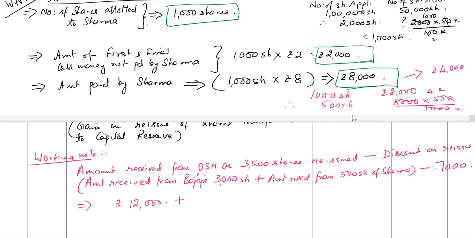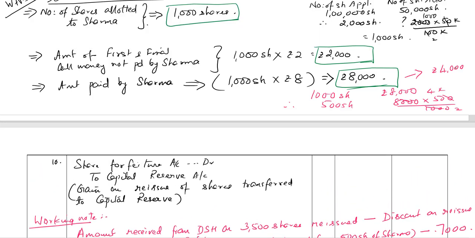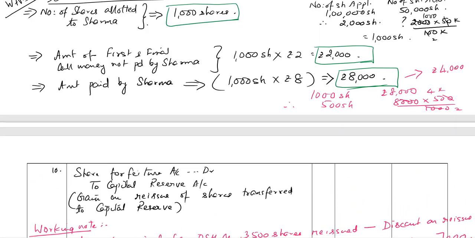So it's rupees 12,000 plus rupees 4,000 minus rupees 7,000. The final amount is rupees 9,000. Let's insert this amount in the journal entry.